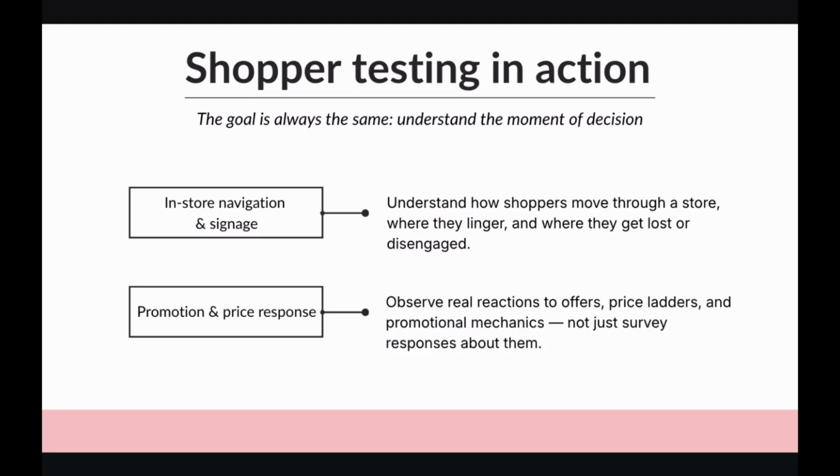Then comes promotion and price responses. Here, shop-alongs allow you to observe consumers responding to pricing, promotions in real time, and not just in survey responses. Across all these examples, the goal is the same. So we watch real people interact with stores, products, pricing, packaging, identify friction points, and use that evidence to make smarter decisions.